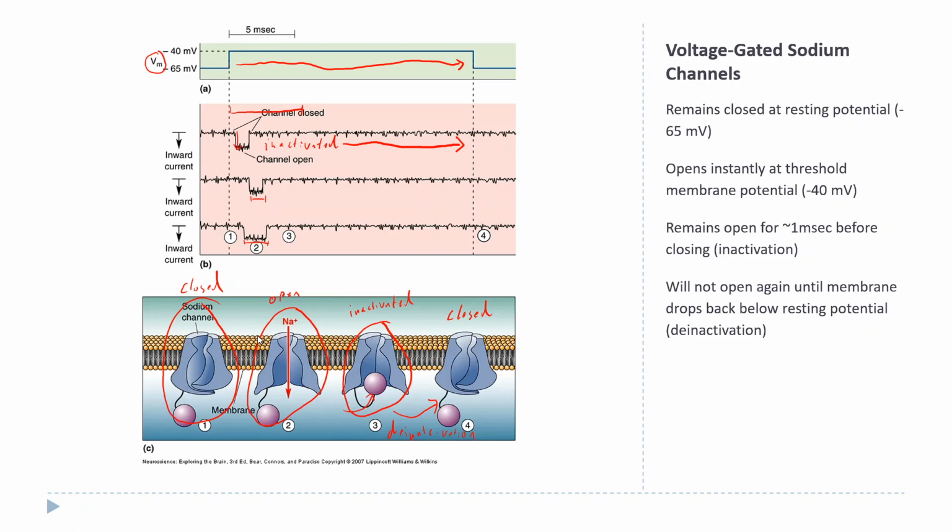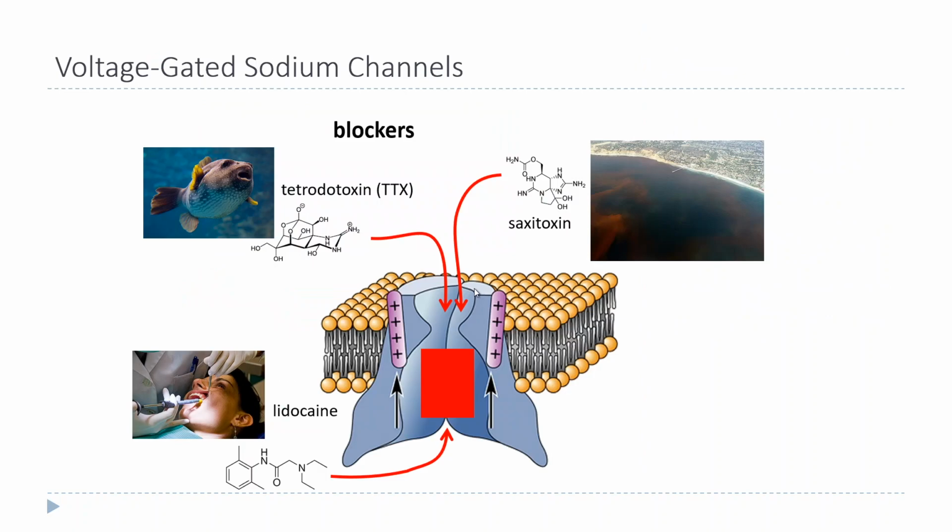Just a couple more things about these channels. There are lots of substances that can block these channels. That's true of a lot of proteins. Most receptors and ion channels and proteins in cells have chemicals that interact with them that are not normally found in the body.